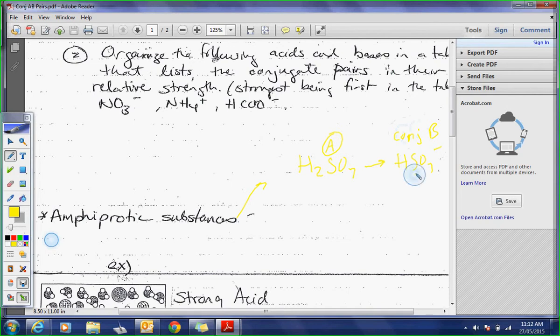But this can act as an acid too. HSO4 minus could donate another proton and become SO4 2 minus, again being an acid and a conjugate base. HSO4 minus is amphiprotic.